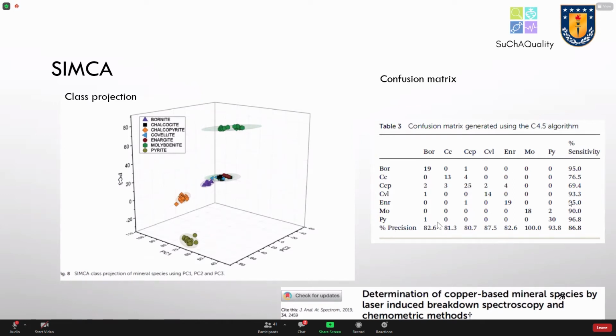And also we evaluate the confusion matrix. This confusion matrix will give us in the diagonal the elements which are correctly classified, okay? And we can also calculate other parameters like the sensitivity percentage to know if our samples are correctly classified.